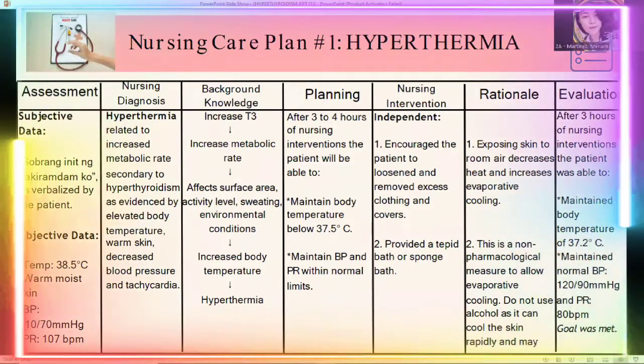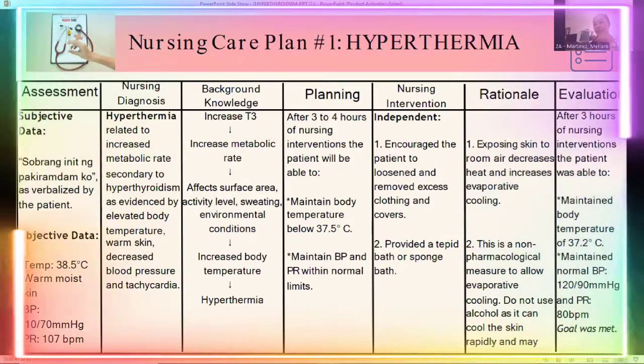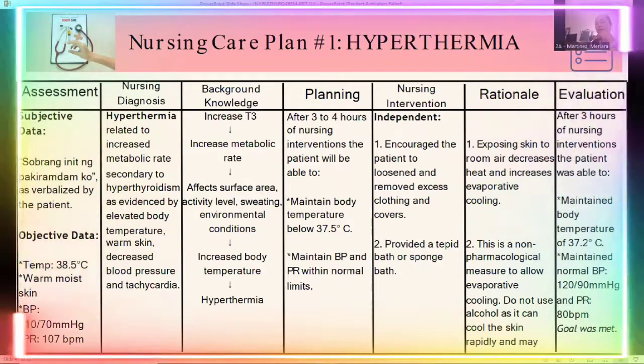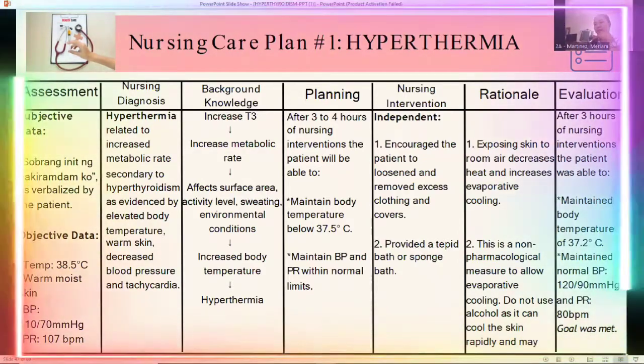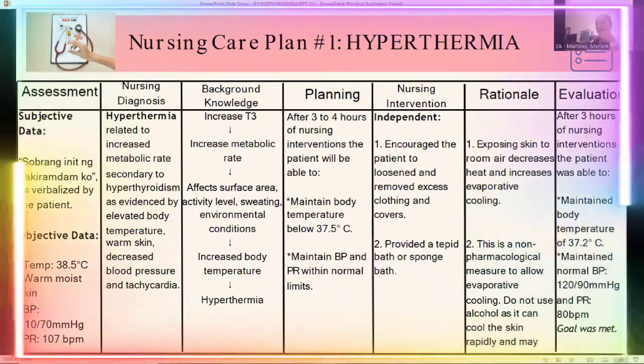For the nursing care plan, our first nursing care plan, nursing diagnosis: hyperthermia related to increased metabolic rate, secondary to hyperthyroidism. For the assessment, subjective data: "Sobrang init ng pakiramdam ko," as verbalized by the patient.